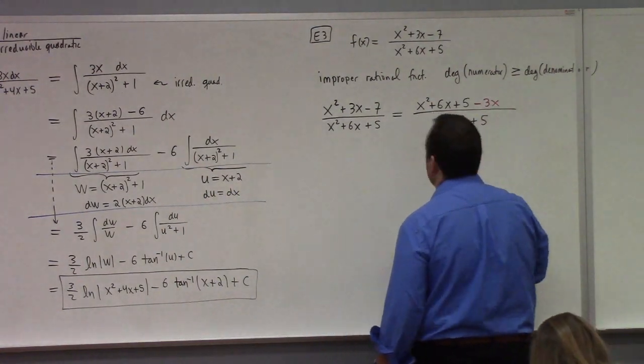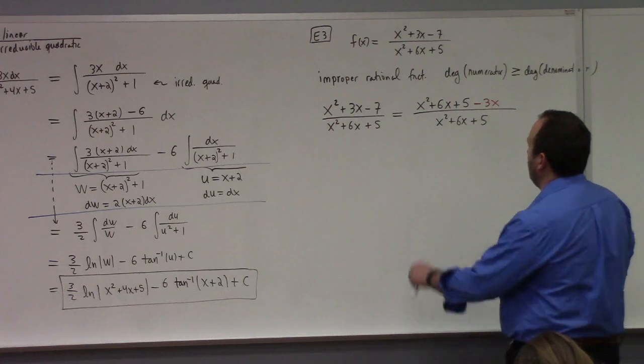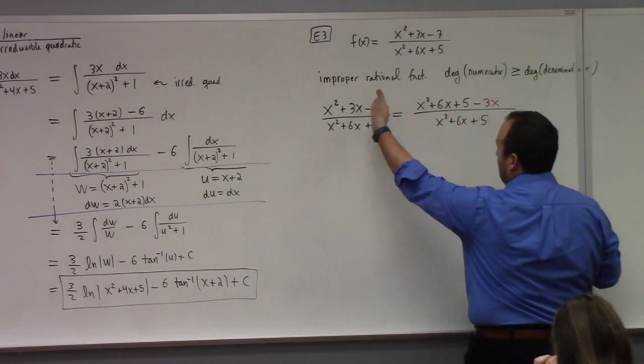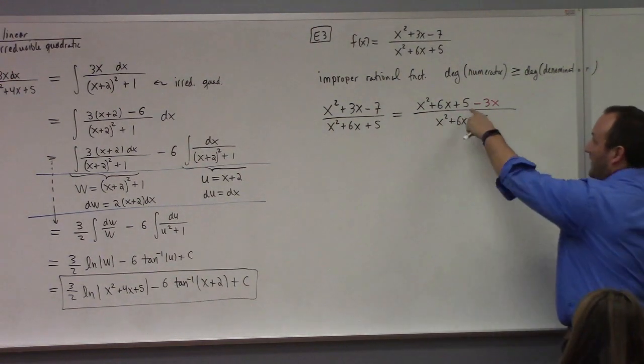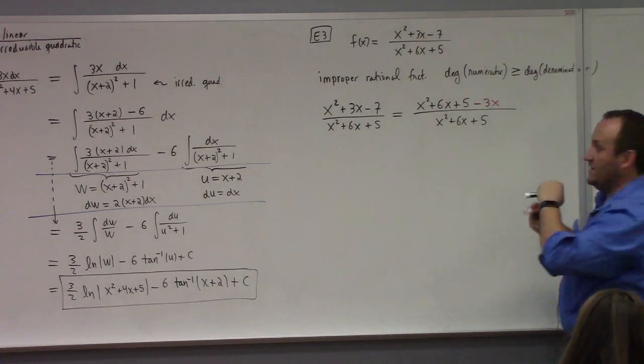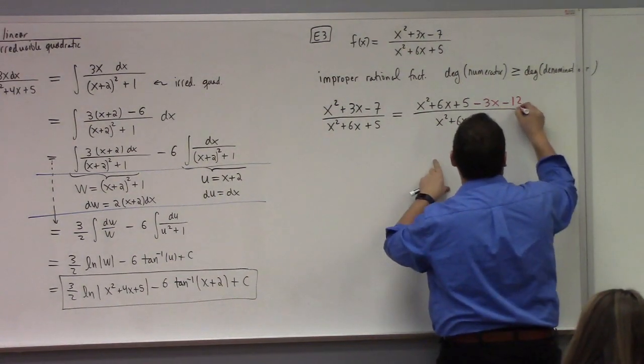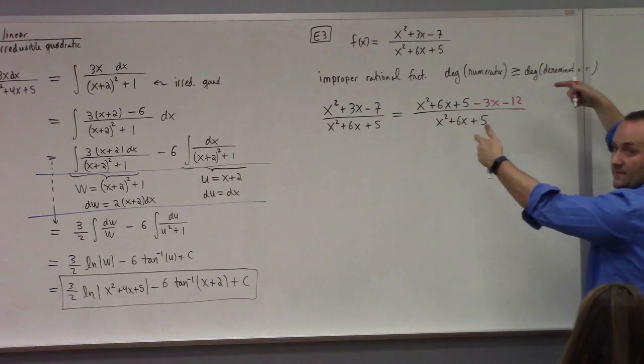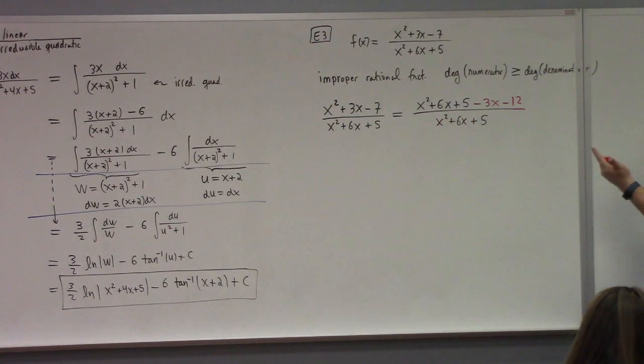Minus 3x. And I have to have a minus 7, right? But I have a 5. What'd you say? Minus 12? Do you guys agree? If you take what's in the numerator on the right-hand side and you simplify it, you get the numerator on the left-hand side, right?